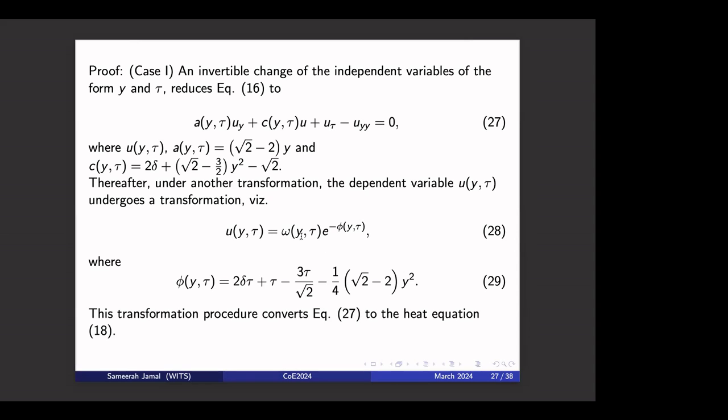And you can find a transformation for your dependent variable. And obviously, you can easily check that these transformations convert your equation to the heat equation.